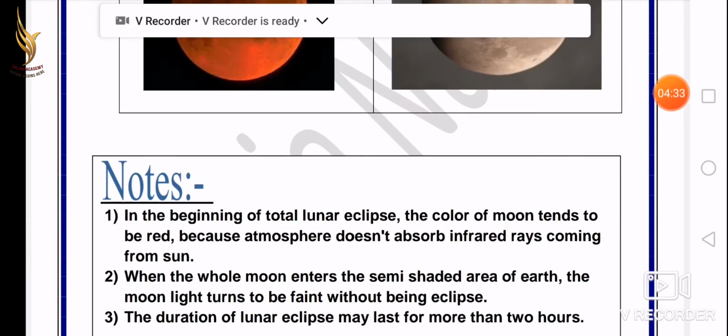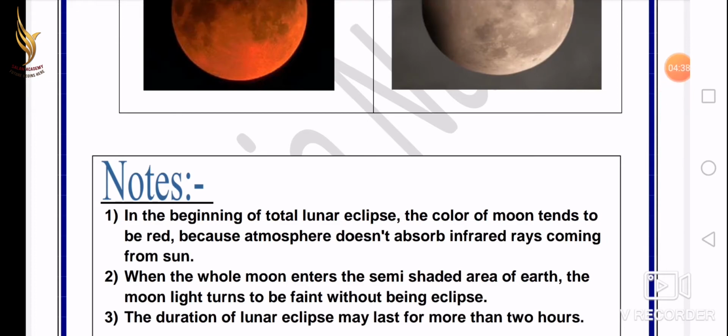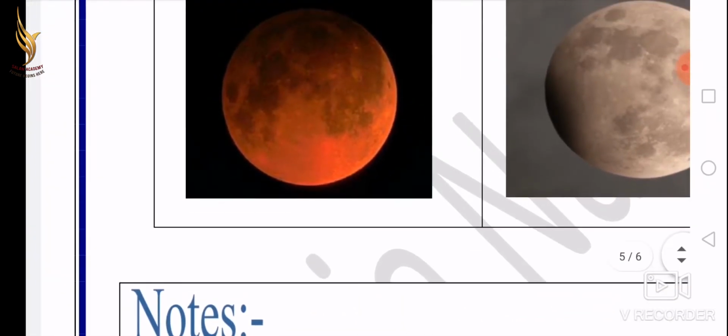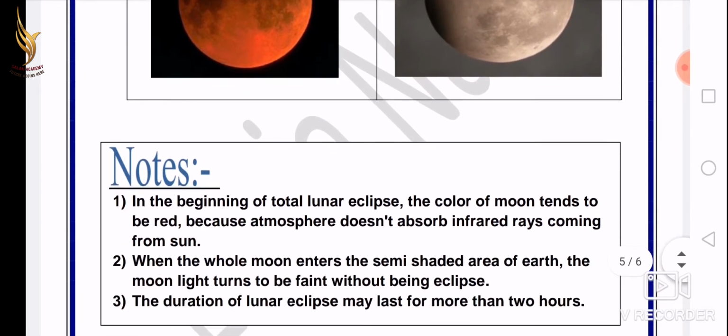There are some notes about lunar eclipse. In the beginning of total lunar eclipse, the color of the moon tends to be red, like in this picture. Why?